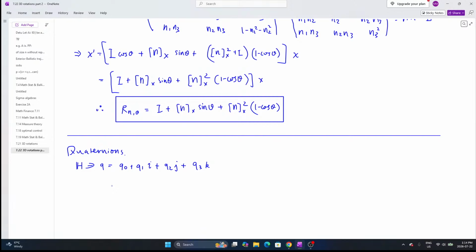And you have this rule, the one that Hamilton carved onto the bridge, which is i squared equals j squared equals k squared equals ijk equals -1.